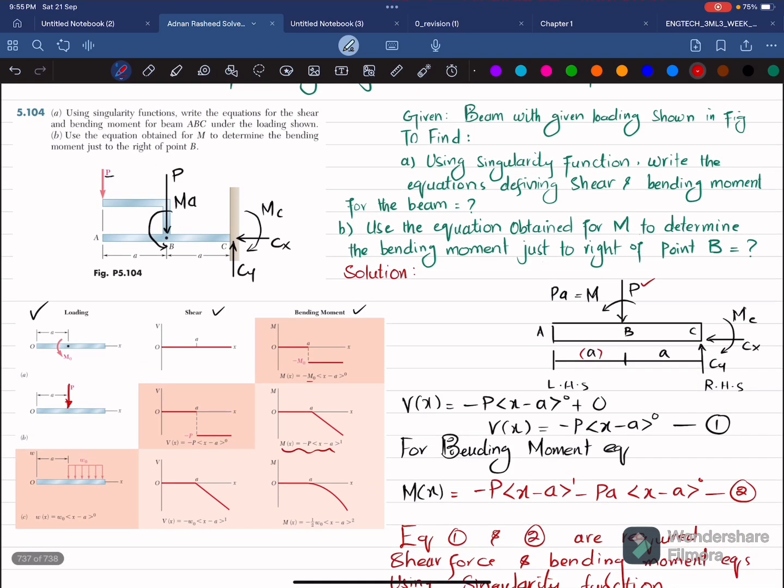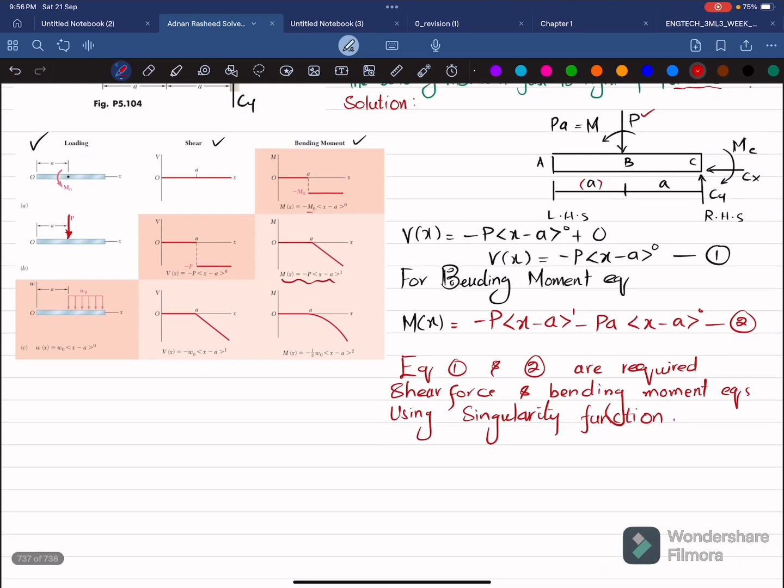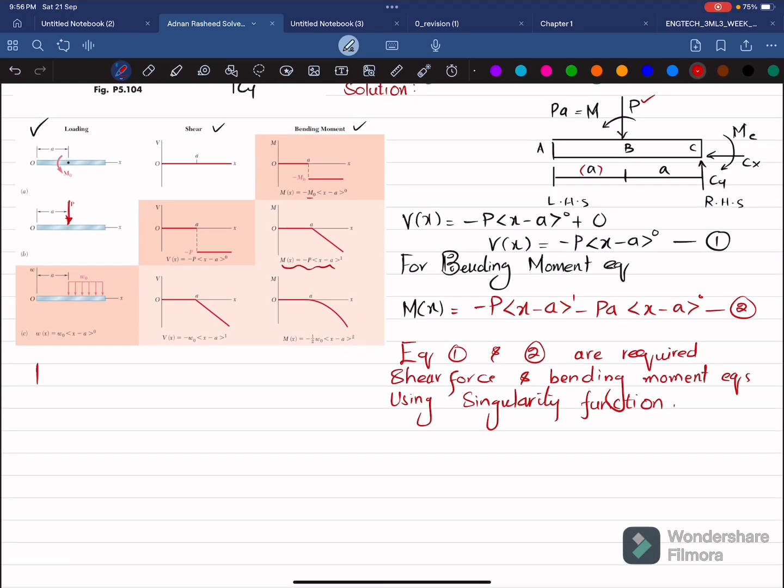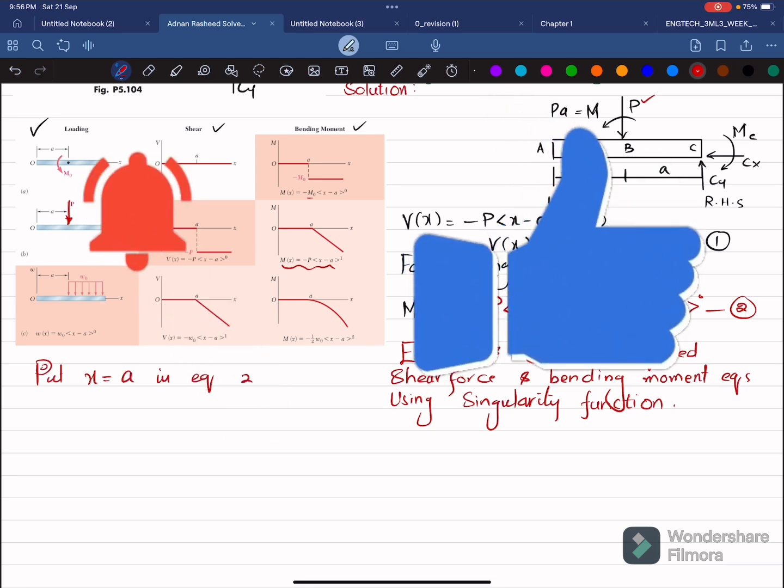Now in the second part, part B, it is given to use the equation obtained for M to determine the bending moment just to the right of point B. So this is point B. So just right to the point B, here we will take x is equal to a and put it in equation number 2 in order to find the bending moment just to the right of B. So put x is equal to a in equation number 2.